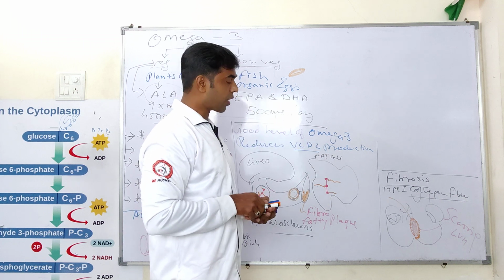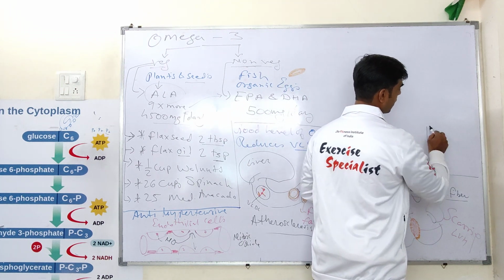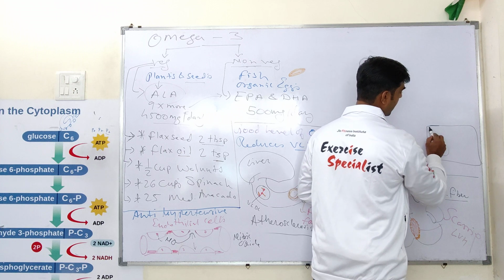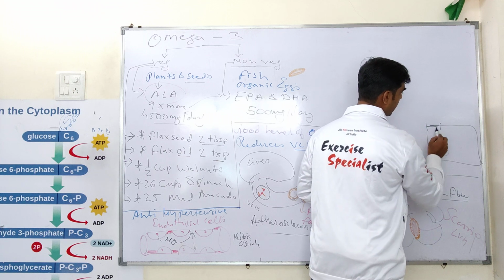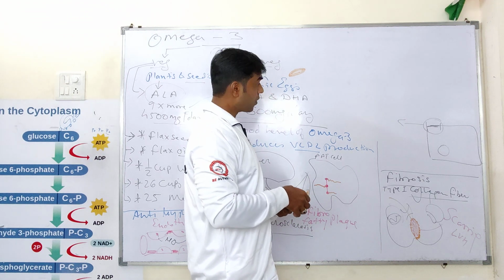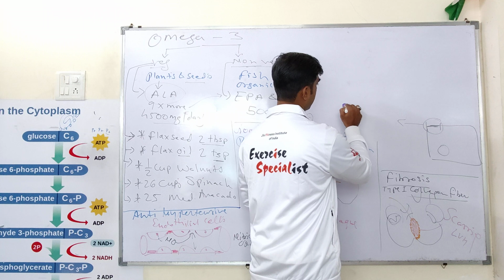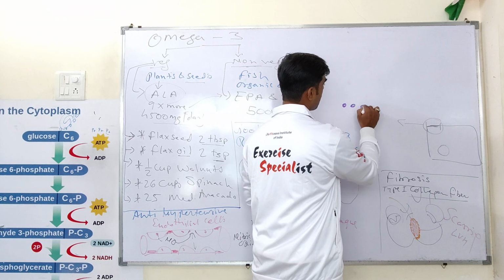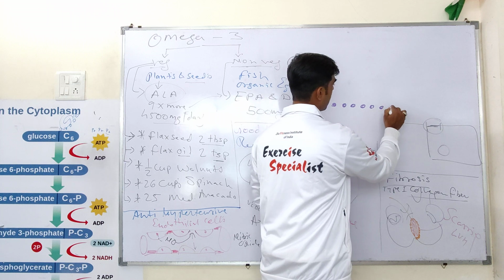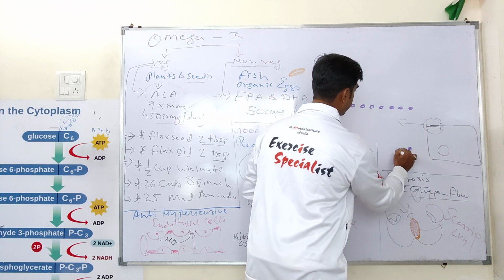Now, what about the cell membrane? Suppose this is a cell and there is a nucleus. This cell membrane, okay, let's enlarge it here. The cell membrane has a phospholipid layer. These are phosphates.